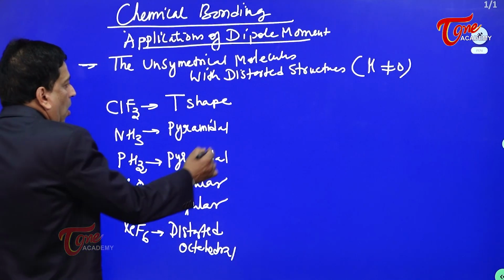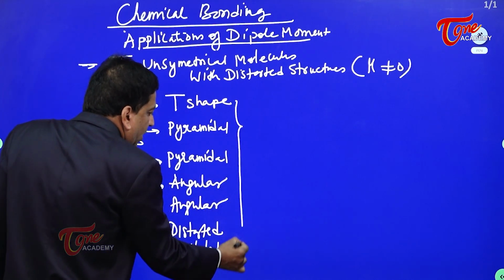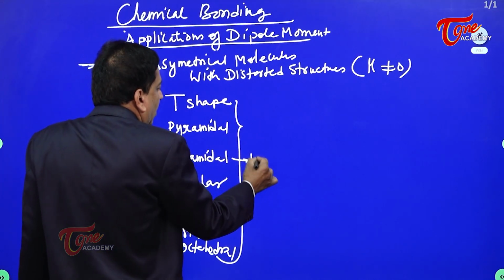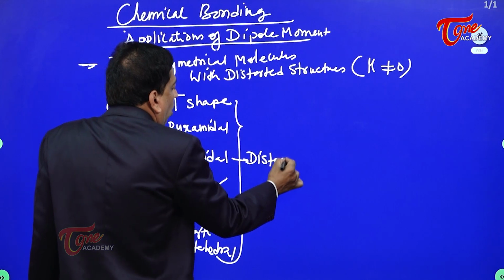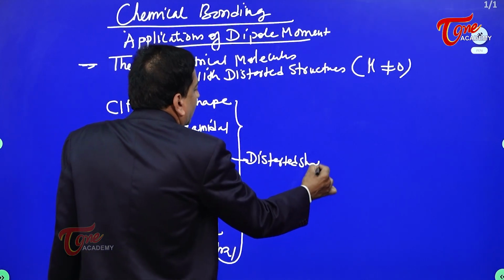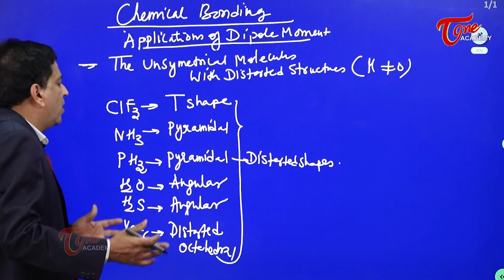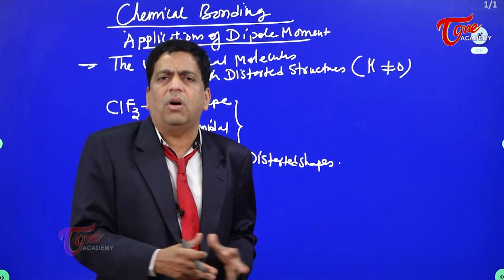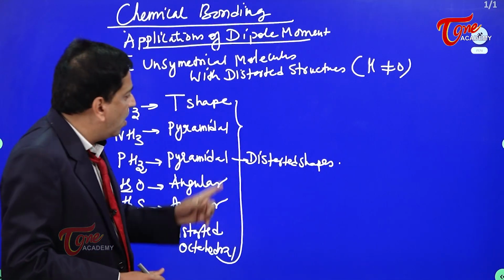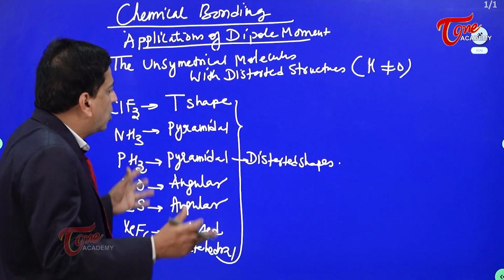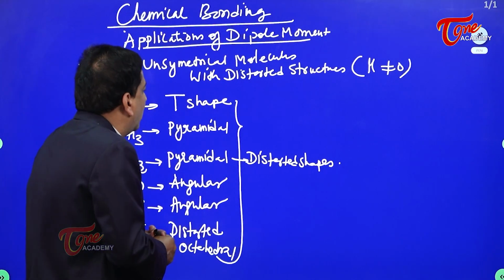And remember, all these, I consider them to be possessing distorted shapes. They all are called distorted shapes. They are not regular shapes. They are all distorted shapes or structures. Right?